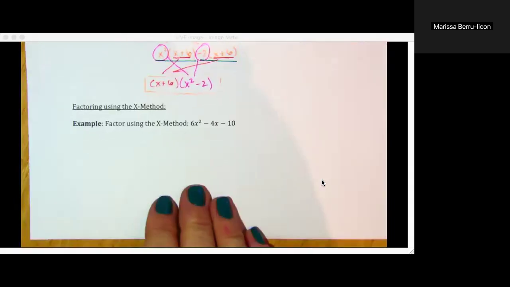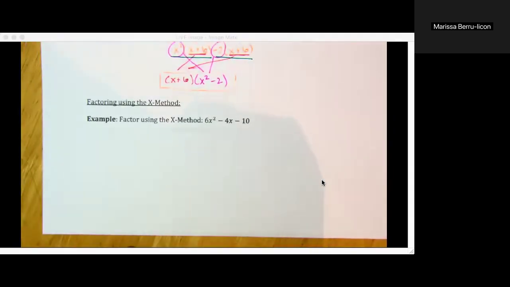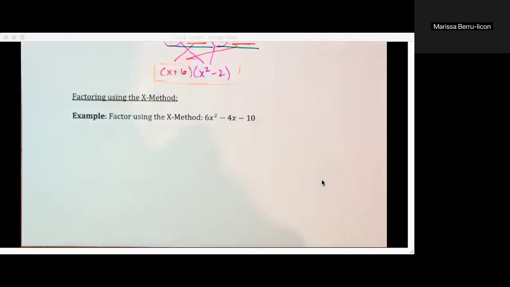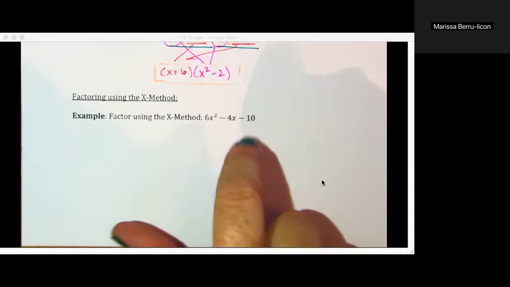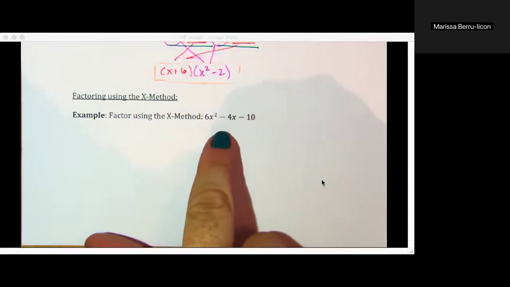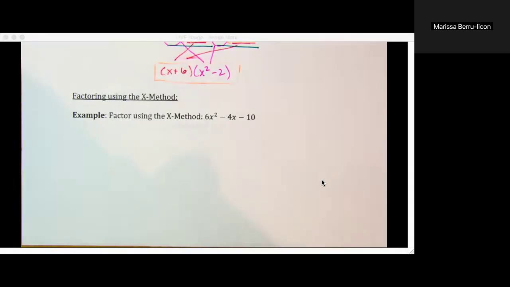Now, this next example is factoring using what I call the X method. And this is how I will factor things all class, like all semester long. If you have learned how to factor something like this and you see this polynomial right here and you're like, oh, that's no problem, I could factor that in my sleep, great.